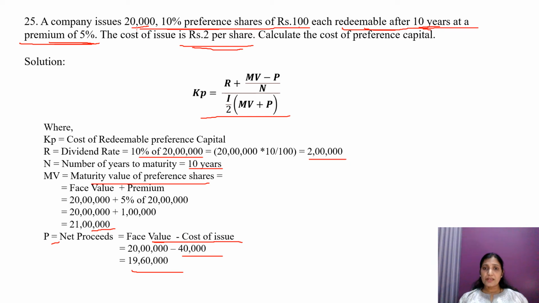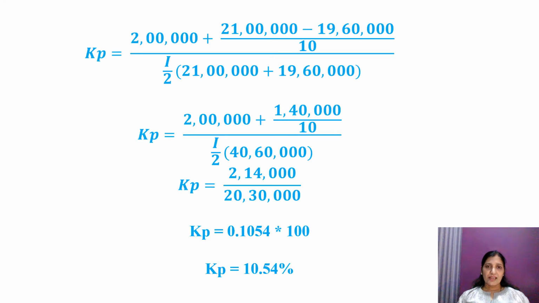Okay. So we'll substitute all these into this formula and check what will be the cost of preference shares. Rate of dividend 2 lakhs, MV maturity value is 21 lakhs, and net proceeds P is 19 lakh 60,000, divided by 10 number of years, divided by 1 by 2 into 21 lakhs plus 19 lakh 60,000.